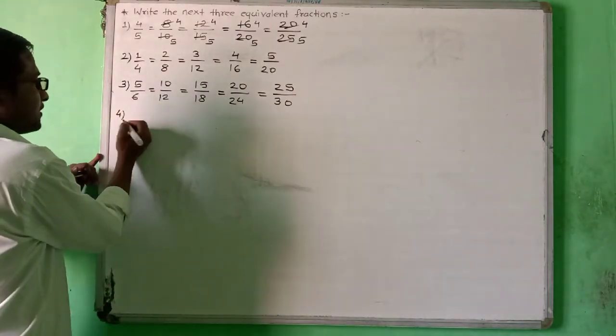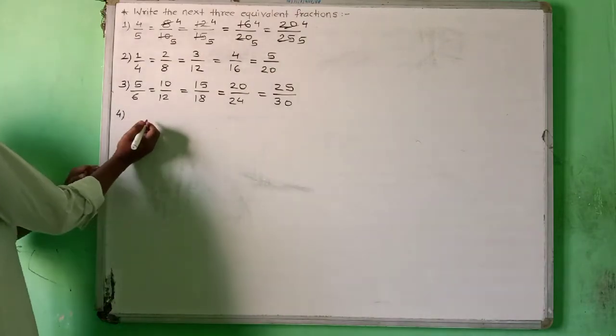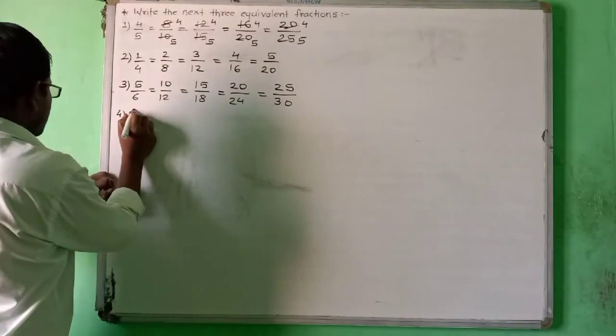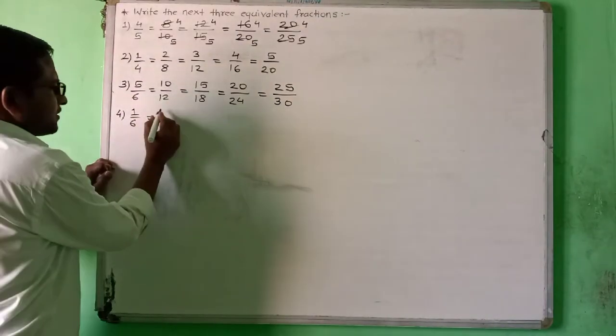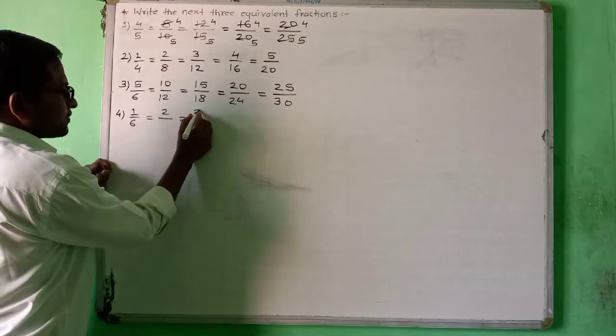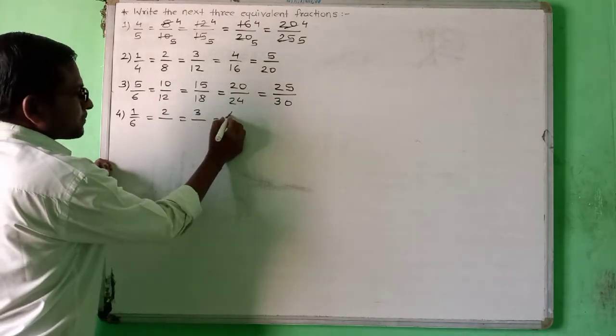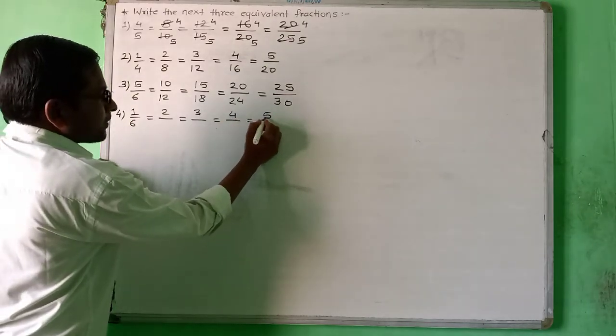So next example, 1 upon 6. 1 upon 6 is equal to, again in the numerator the table of 1: 2, 3, 4, and then 5.